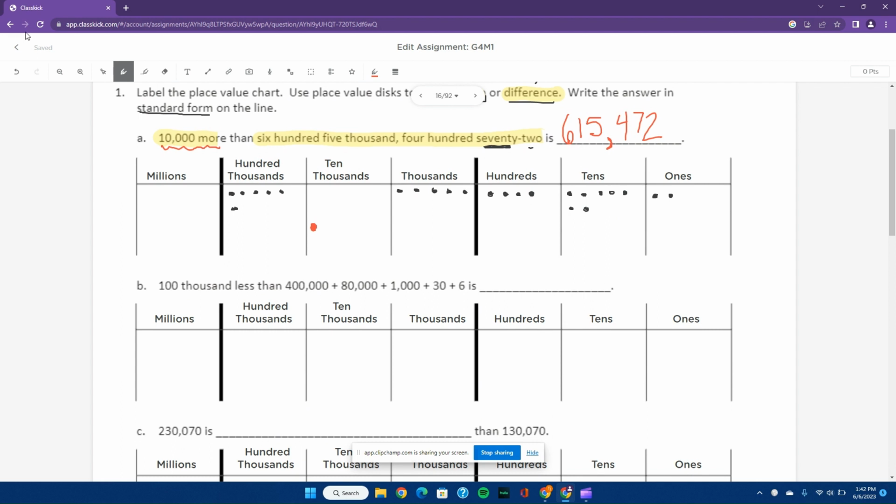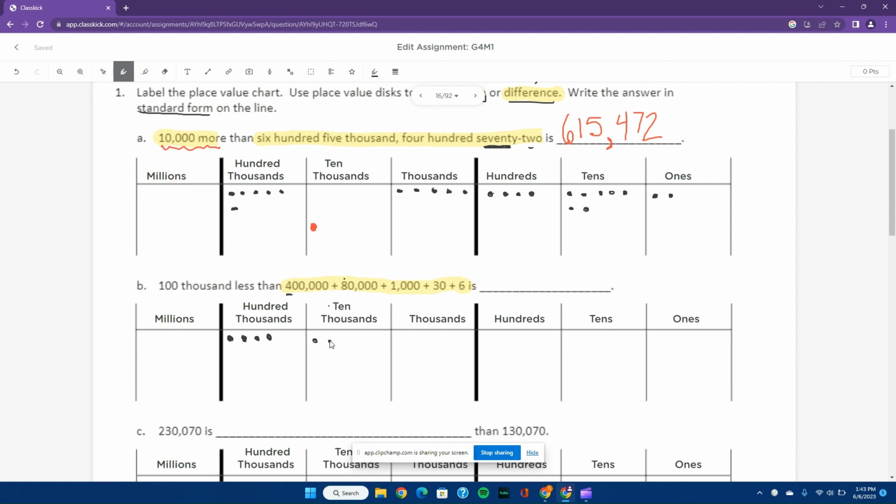Now letter B says 100,000 less than, and they provide us this number now in expanded form. So I need to take a look at which digit is in which place value. So I notice here I have a 4, and that 4 is in my 100,000s place. So I'm going to put 4 in the 100,000s. 80,000 would be 8 10,000s.